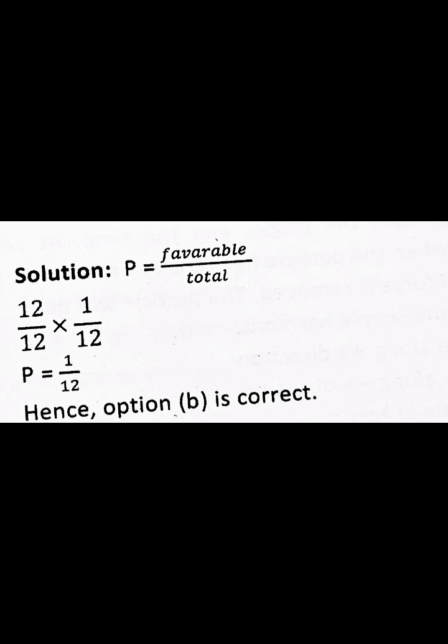But if P is born in January, Q should be born in January. So the possibility for Q is only 1. So the probability of Q is 1 by 12 and the probability of P is 12 by 12. So the answer is 12 by 12 into 1 by 12. So this is equal to 1 by 12.